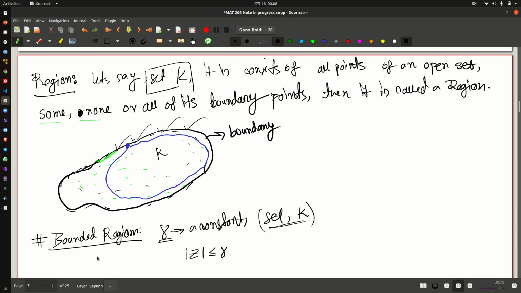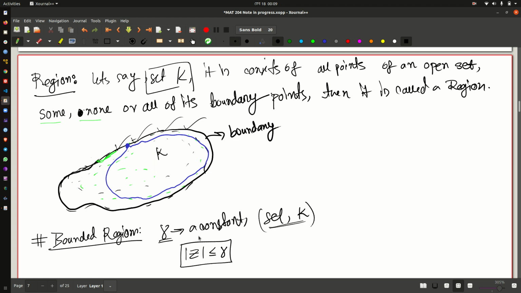So let's deal with the open regions first. An open region is said to be bounded if we have a constant gamma, and all the points inside this region have to satisfy this inequality.